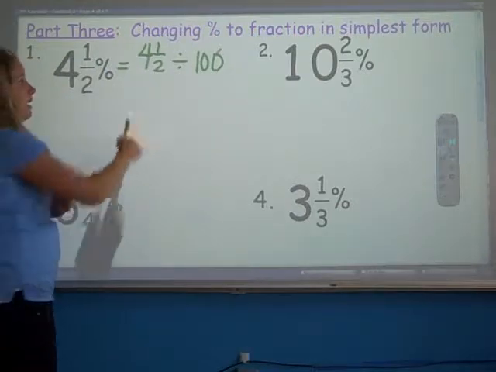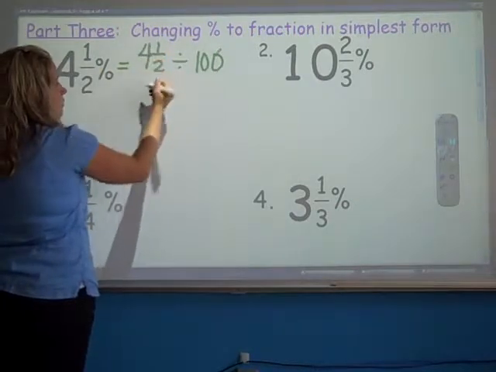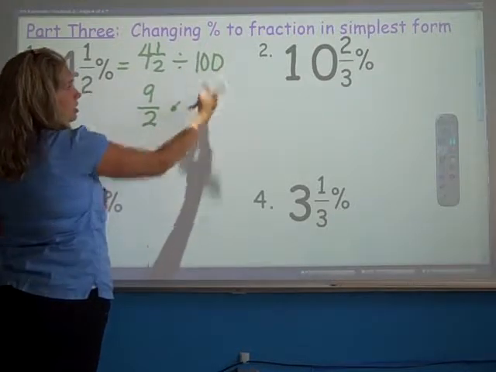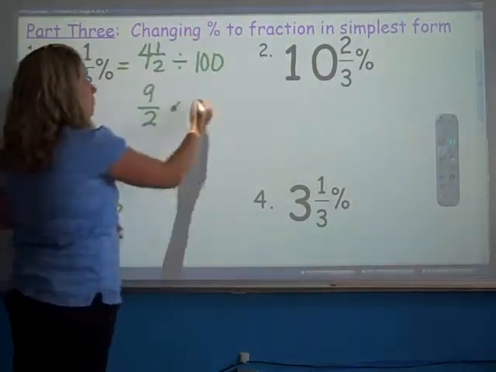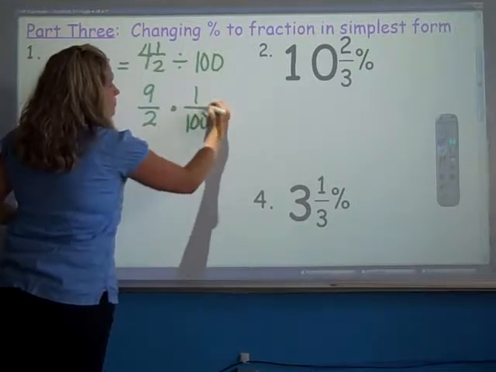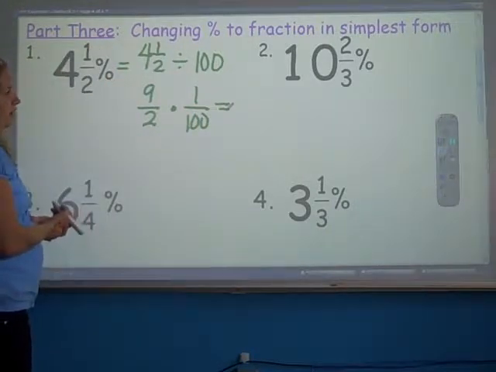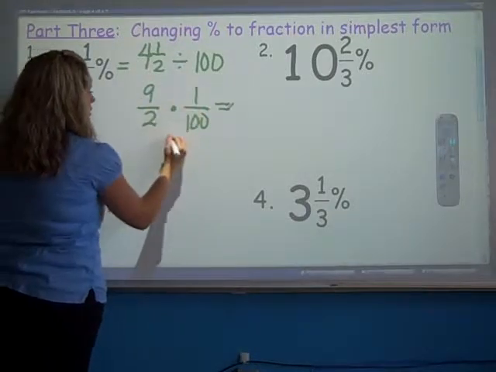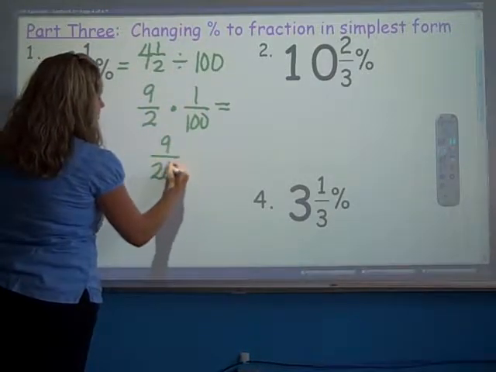So we have to simplify that. This means 9 over 2. I'm going to change it to multiplication. 100 is 100 over 1, so I'm going to flip it, 1 over 100. Now I have to simplify that. I don't think I can cancel anything out, so 9 over 200.